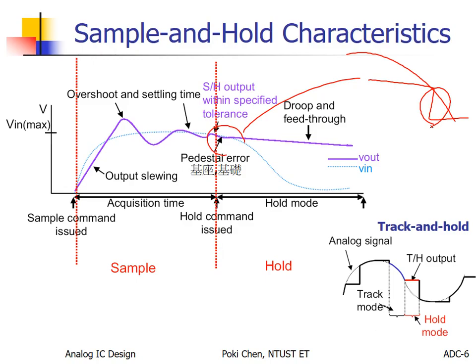Because of charge injection, for example, if your switch is NMOS, it will inject a lot of carriers into your output, so you will get a smaller output. If the switch is PMOS, then it will go up because you will inject a lot of holes into your output. This is the reason why I hope you can apply a transmission gate, because a transmission gate has one PMOS and one NMOS.